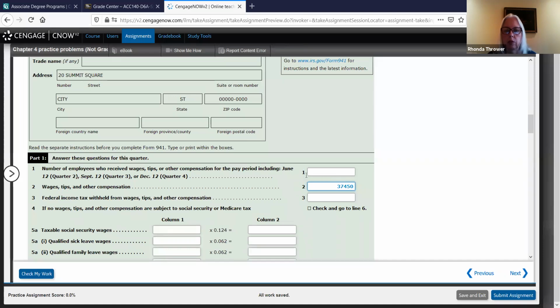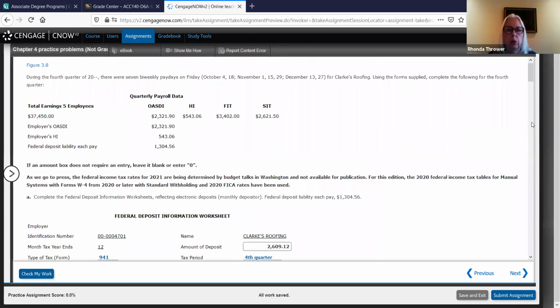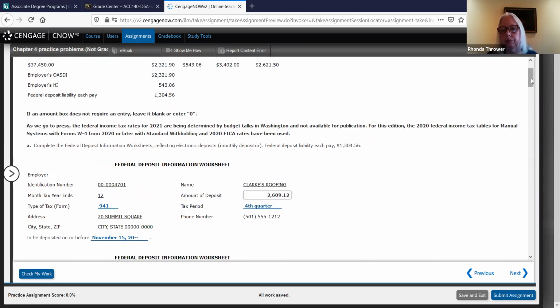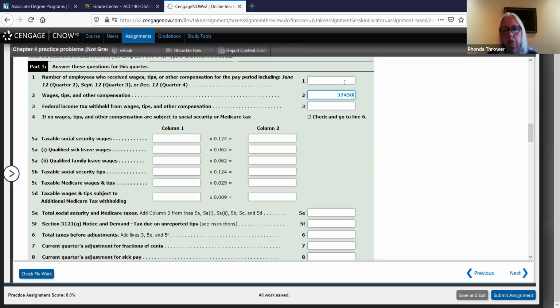I skipped box number 1, but box number 1 is asking about the number of employees. The number of employees was 5. That was given to you, so that goes on line 1.